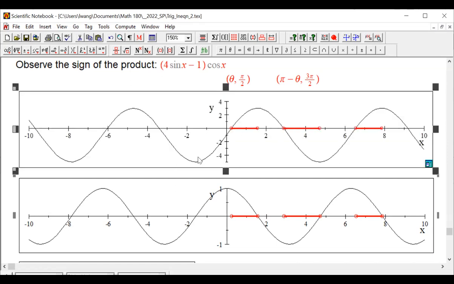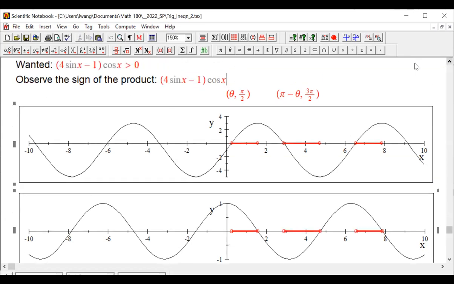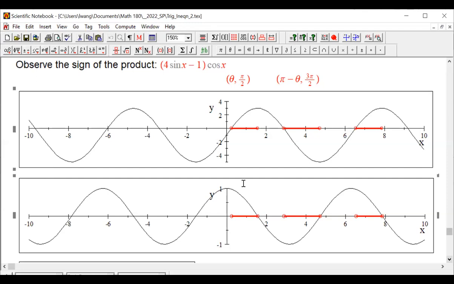So let's do one or two cases on the left side. We want a positive product, which we get from positive times positive, or negative times negative. Here this piece is negative and this piece is positive, so nothing is going to be produced.